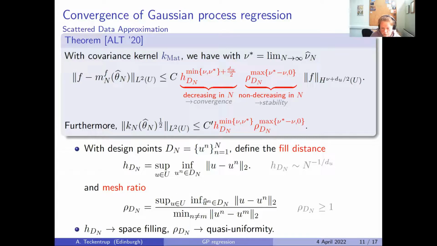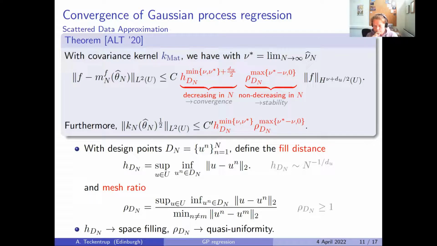And it measures what in this community is called quasi-uniformity. If you look at the mesh ratio, you have the fill distance in the numerator, right? So here you're measuring the maximum distance that a point u can be away from un, and in the denominator you have the minimum distance between two design points. So what you're really comparing is the maximum distance between two interpolation points and the minimum distance between two interpolation points. And ideally you would want that to be constant.